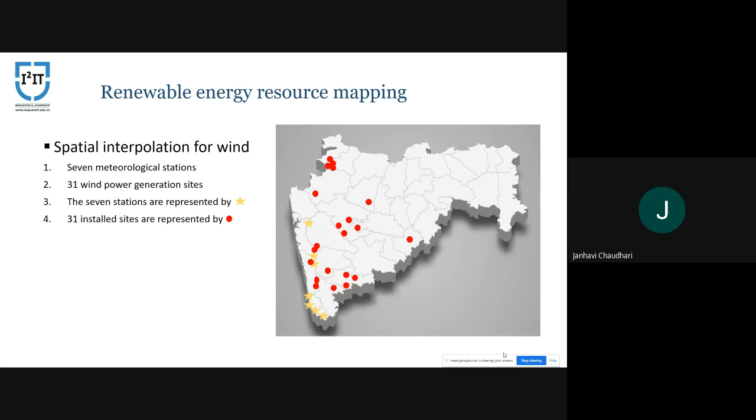These stations are at Lonavala, Malwan, Vijayadurg, Panchgani, Devgaon, Vengurla, and Chalkewadi. There are 31 wind power generation sites. The stations are represented by this symbol, and the installed wind power sites are represented by a circle.